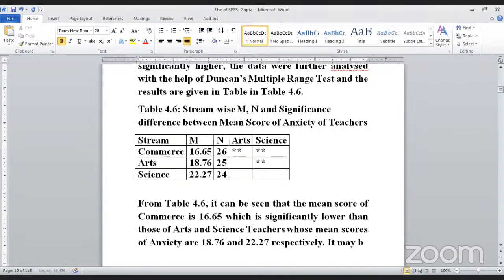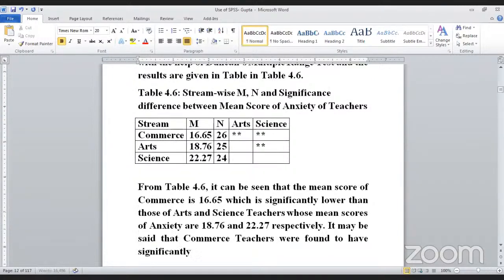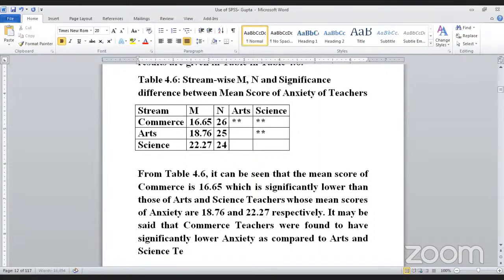Now it may be said that commerce teachers were found to have significantly lower anxiety as compared to arts and science teachers.